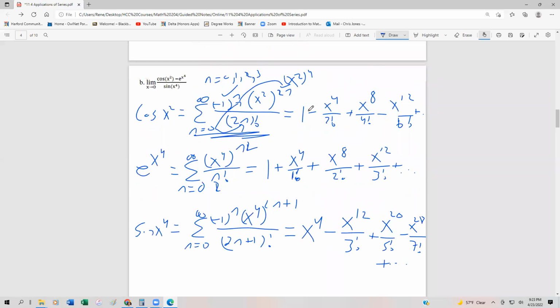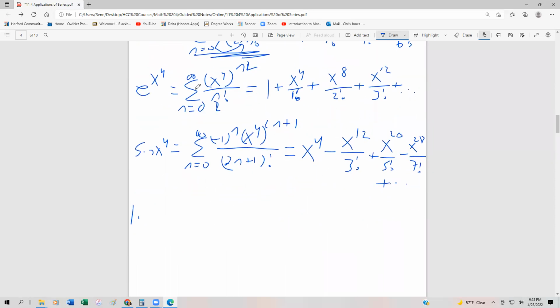All right, now that we have these set up, we can substitute back in to the original limit for each of these. So now we're going to get the limit as x approaches 0, and again, I'm going to start by substituting for cos of x squared.